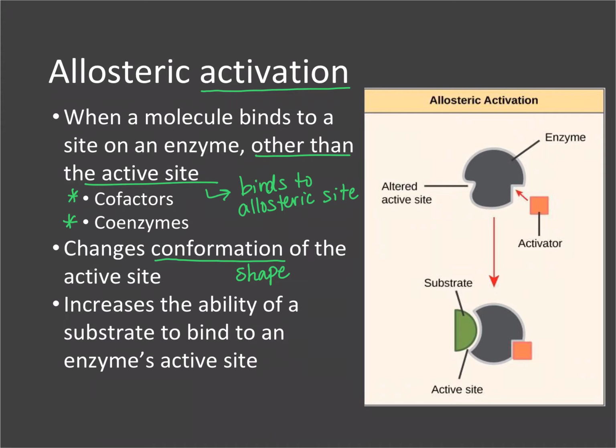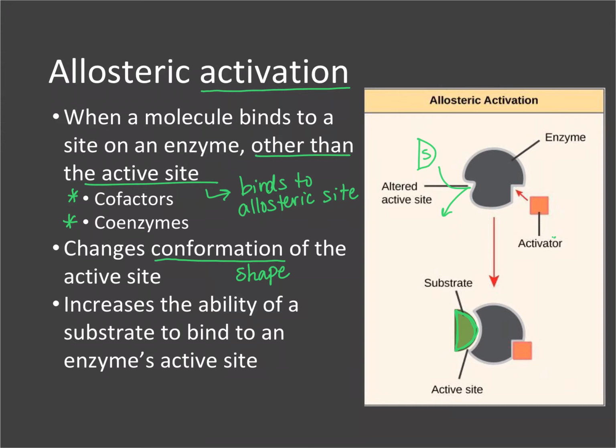So we can see in this picture here that our substrate is this half circle looking molecule. And if we were to draw that up here, you can see that the substrate is not able to fit into that active site because it's not the right shape.